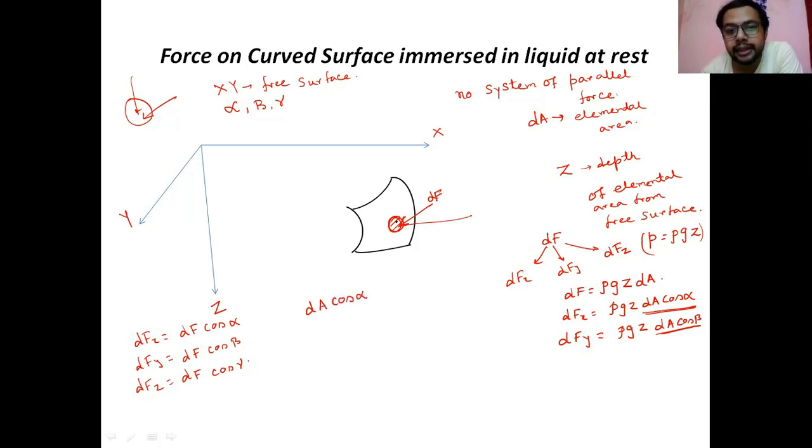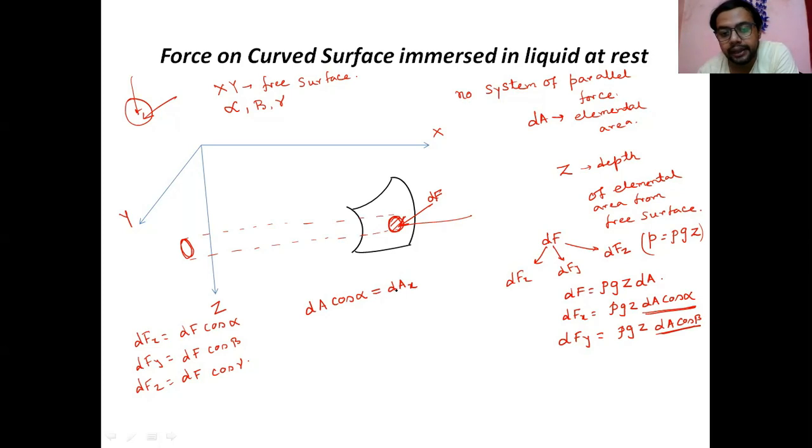If you project the same area in this plane, it will look like this. So what will it be? dAx is the projected area.